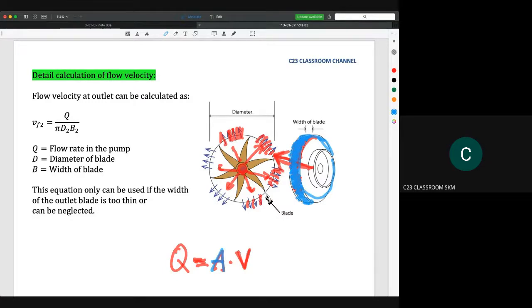To calculate this area, we calculate the circumference, the perimeter here, and then multiply it by the width of the blade. That's why the equation becomes pi d b, where pi d is the perimeter and b is the width of the blade. So that is the idea of this equation. I hope you could understand this one.